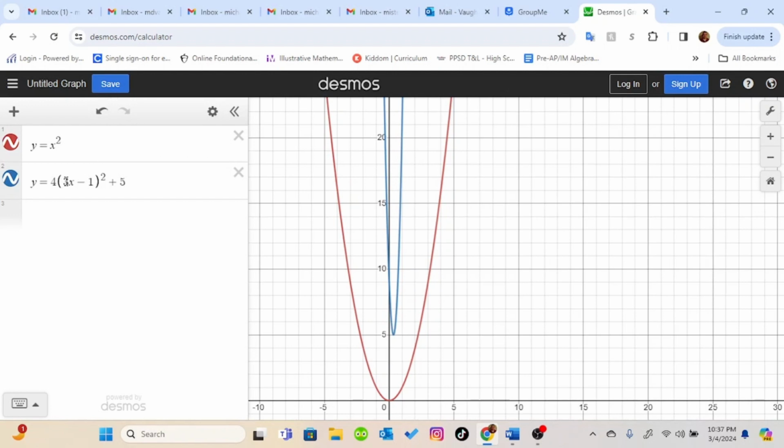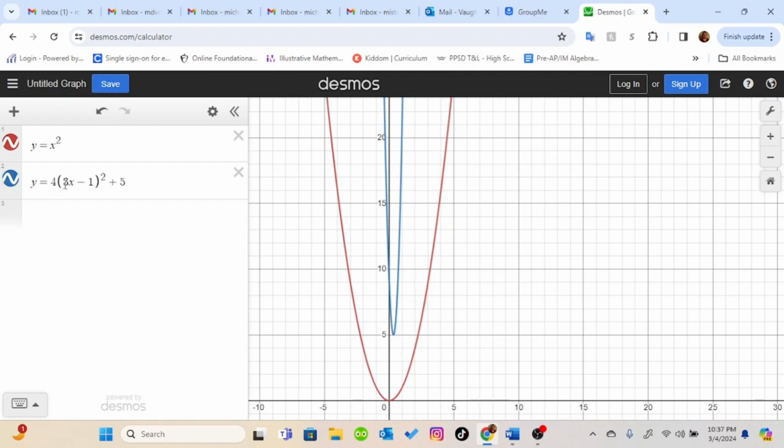We said that the 3 was going to crush the parabola horizontally. It was going to squish it down by 1/3, or make it 1/3 the size. And that's why you see this really skinny parabola instead of the original wider parabola. Then we said the -1 meant a shift right by 1. And originally, this was shifted by 1, and the vertex would have been here at 1.